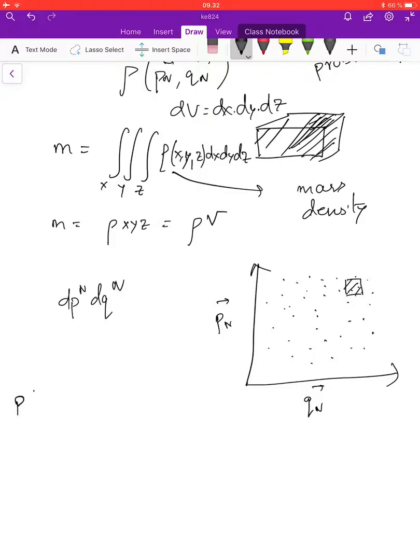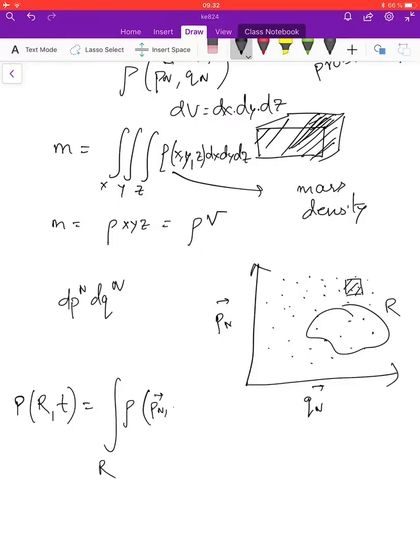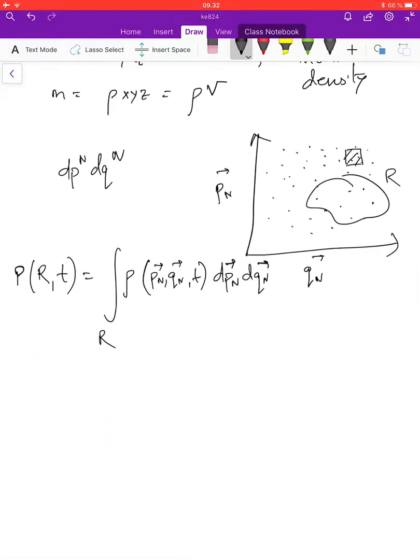And the probability of finding my system in a region R at a given time t, this could be my region R for example, is given by an integral over the region R of the probability density function for a given time, integrated over this infinitesimal volume. So this is very much equivalent to calculating a mass from a mass density.